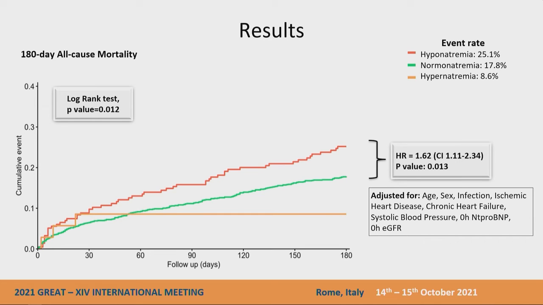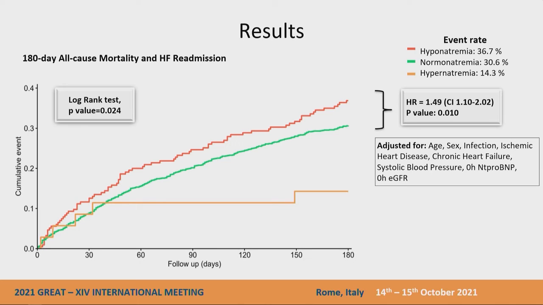Included covariates were age, sex, infection, ischemic heart disease, chronic heart failure, systolic blood pressure on admission, NT-proBNP, and glomerular filtration rate on admission. The hazard ratio for mortality in the hyponatremia group compared to the reference normonatremia group was 1.62.